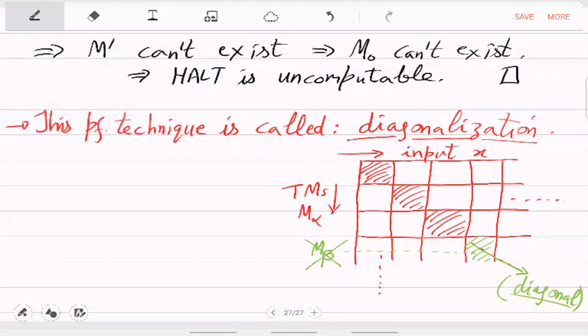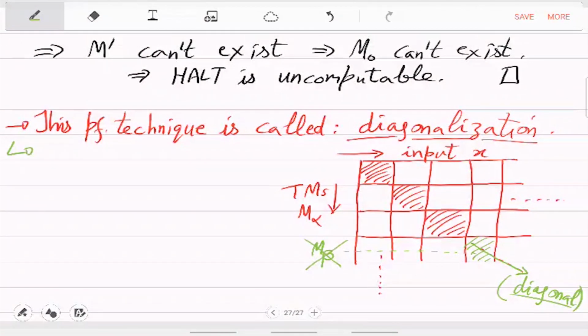Okay, so this is the diagonalization technique. It is actually not the first time that Turing used it. Definitely in computation, it was the first time, but in math, in other places, this idea had appeared.